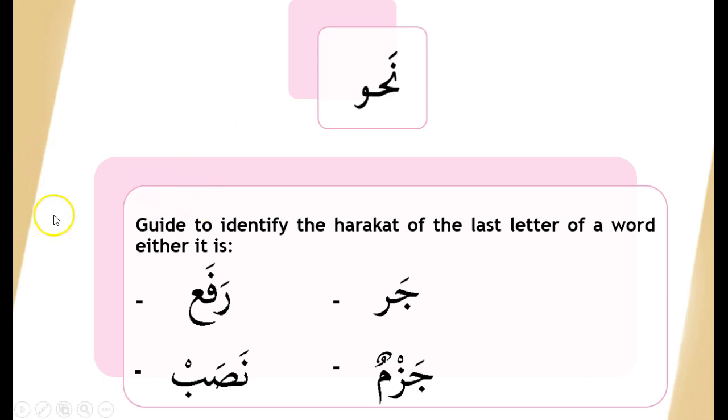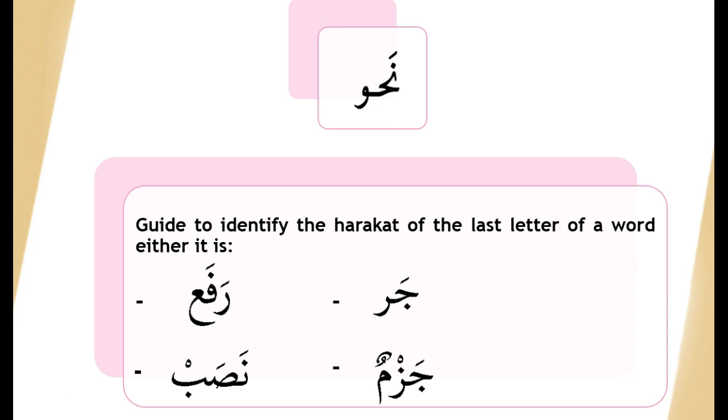And now, first we have rafa. Rafa means the last letter has a dhamma, the u sound, okay? And we have nasab, which is the one with the a sound, meaning it has a fatha as the last letter, whether it's fatha or fathatani. Then jar, the e sound, meaning it has kasra as the vowel of the last letter.